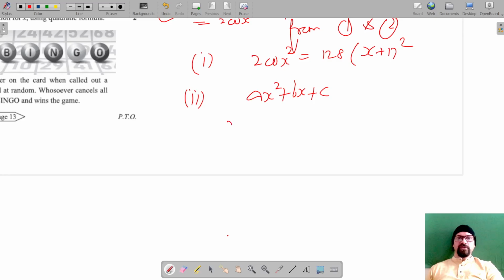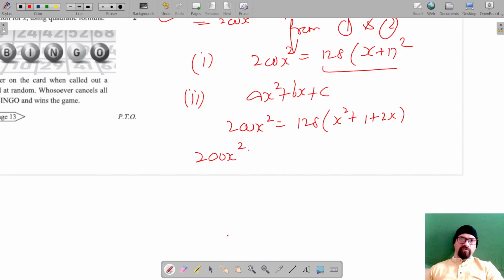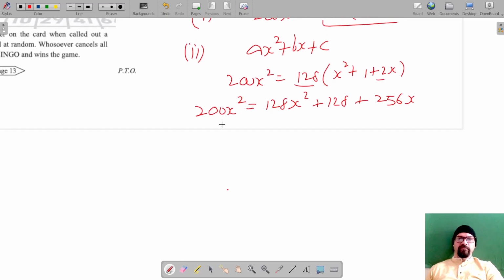I'm going to open up the bracket. This is 128 into a square plus b square plus 2ab. So 200x square is equal to 128x square plus 128 plus 128 into 2, that is 256x.